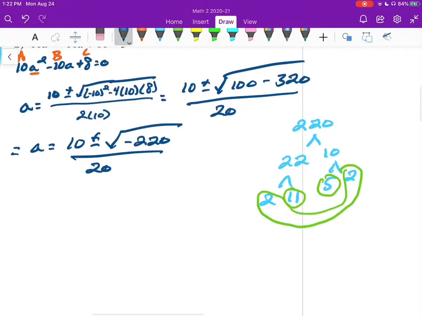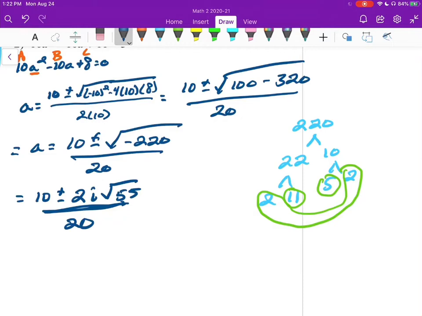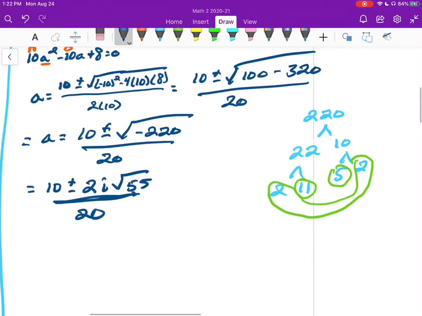So let's rewrite this. I've got 10 plus or minus 2i root 55 over 20. Right? So my 2s came out. These two 2s came out here.